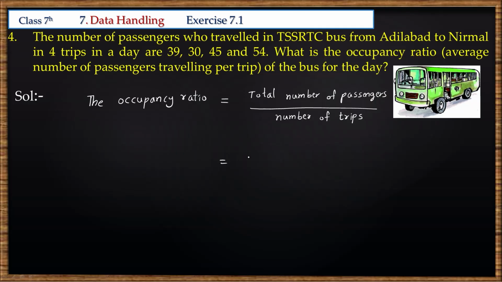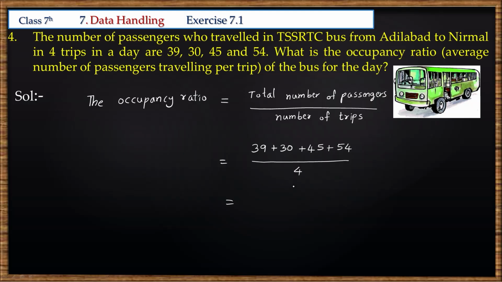That is equal to, here 4 trips are there, the passengers are 39, 30, 45, 54. Add all these numbers, 39 plus 30 plus 45 plus 54, divided by number of trips, 4.